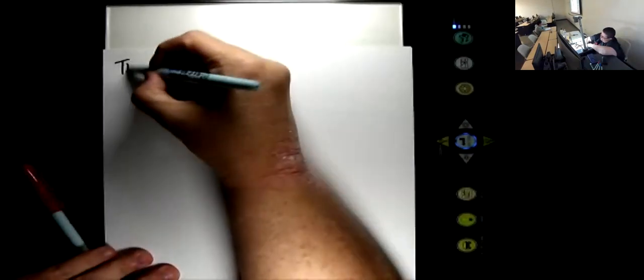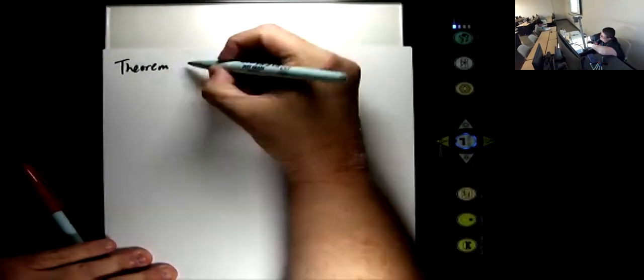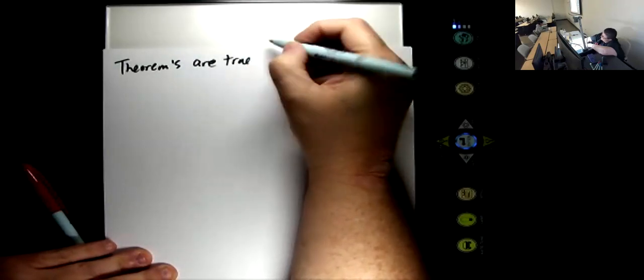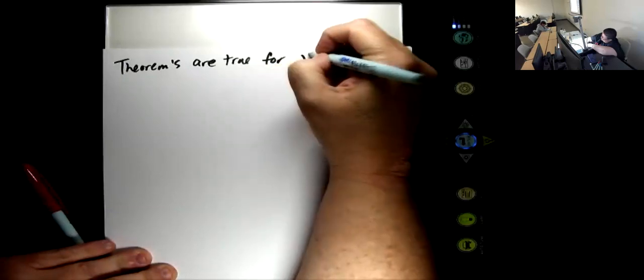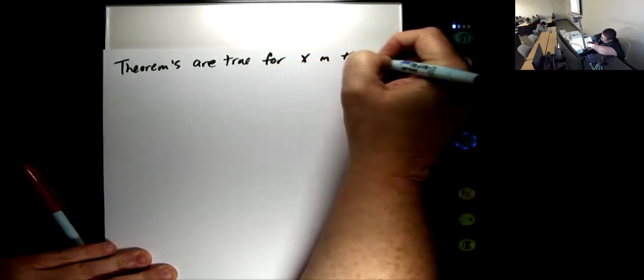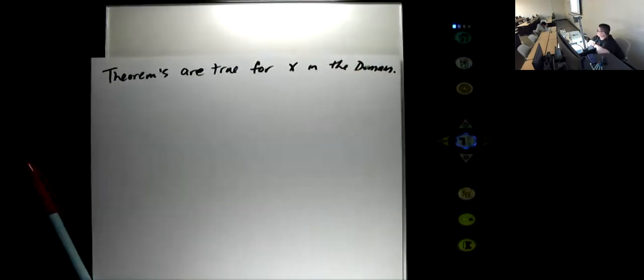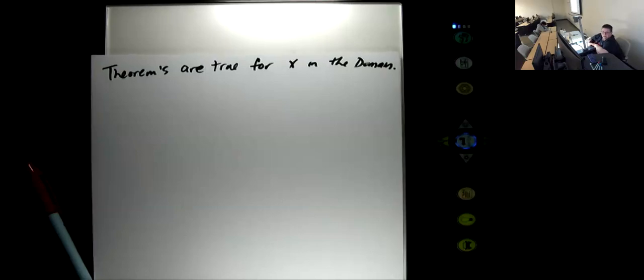So these theorems are true for x in the domain of the function. If we're outside the domain of the trig function or a hyperbolic trig function, it doesn't apply.